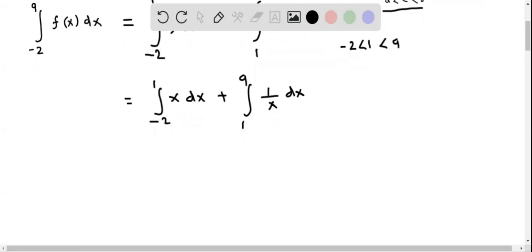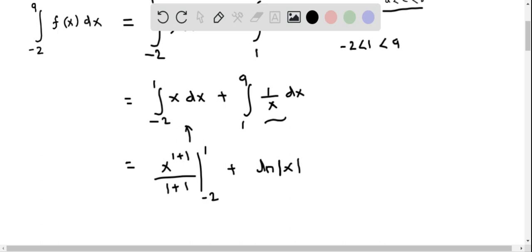Now we have to integrate this and apply the limits. For the first integral, we use the power rule: we put x raised to the power of 1 plus 1, and then divide by 1 plus 1. And this has to be evaluated between the limits -2 to 1. Plus, for the second integral, the integration of 1/x is the natural logarithm of the absolute value of x, evaluated from 1 to 9.